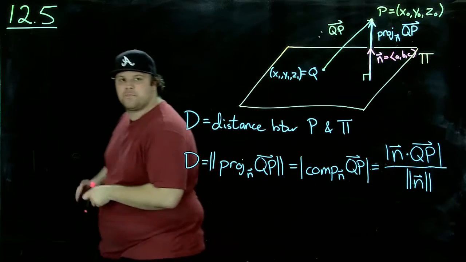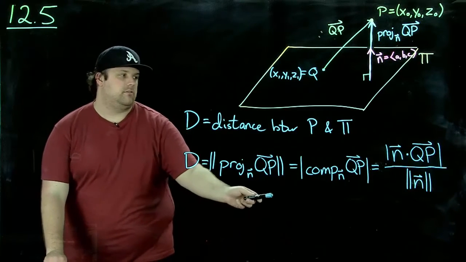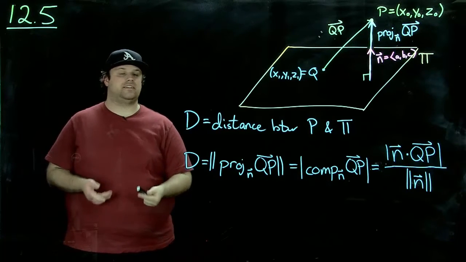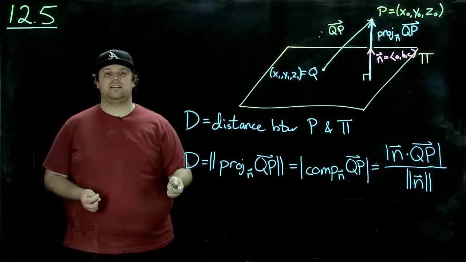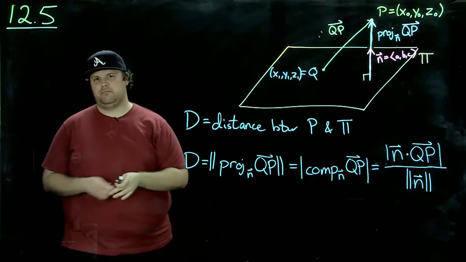Okay. All right, so this is going to allow us to write down what D is in terms of ABC, x naught, y naught, z naught, and x1, y1, z1. Or in other words, n, p, and q. Okay?